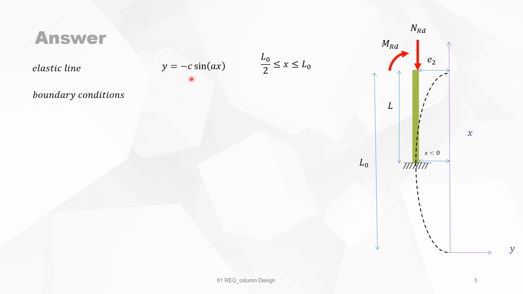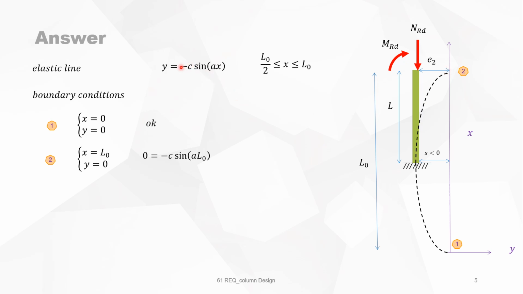Boundary conditions to find C and a. First, we start with this point. Obviously, when x and y are 0, then this equation is okay. Then we take the second point on top, when x is L0 and y is 0, because we are just on this axis.